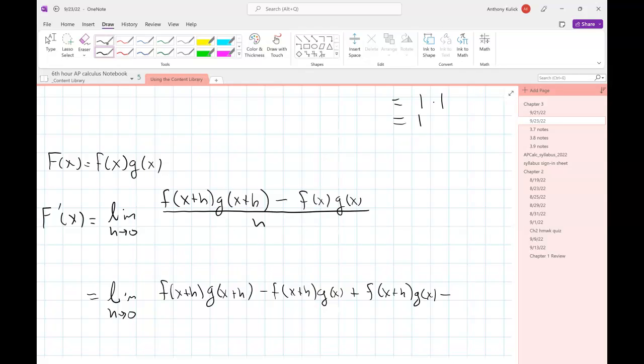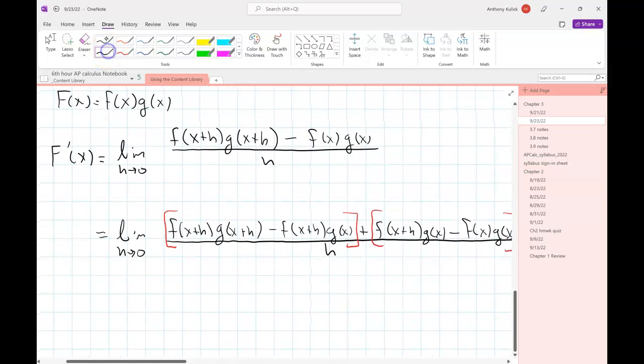Which we can all agree is okay to do, right? Because I haven't done anything at all. I've just subtracted something, but then added it right back. But what that's going to allow me to do is I can now make some groups and do some sneaky factoring.